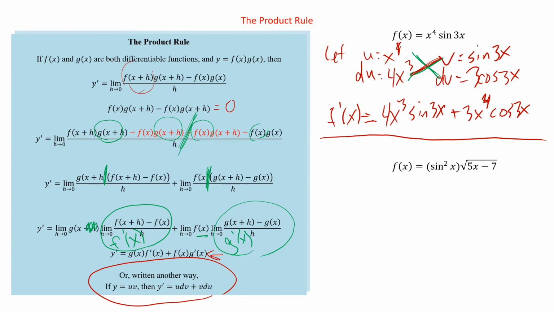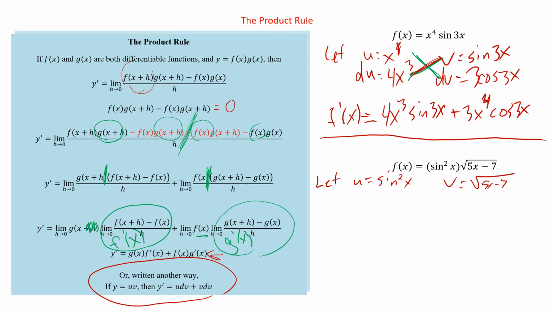f of x equals sine squared of x times the square root of 5x minus 7. So again, define our u's and our v's. Let u equal sine squared x and v equal the square root of 5x minus 7.